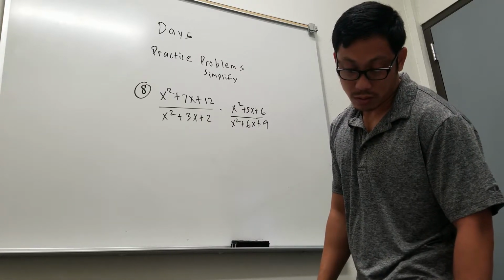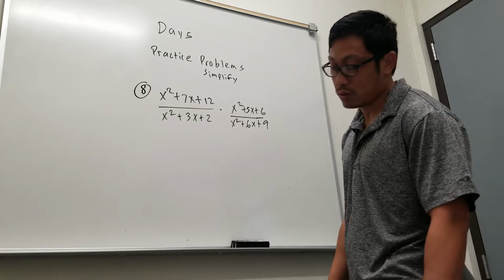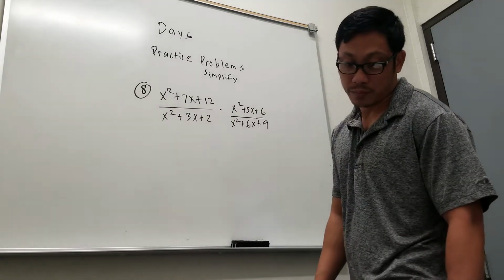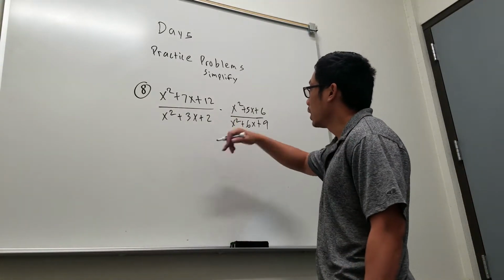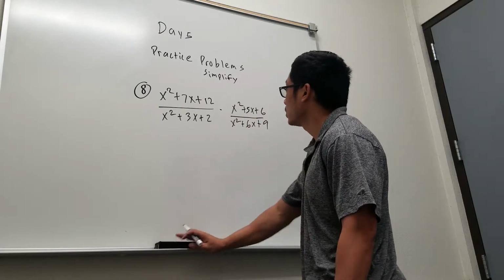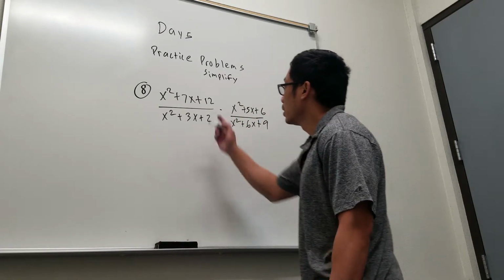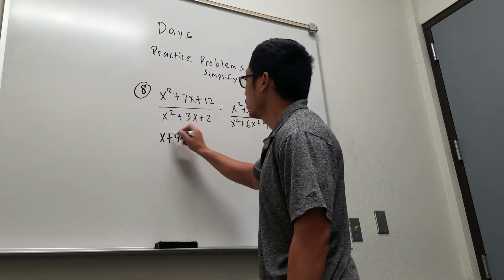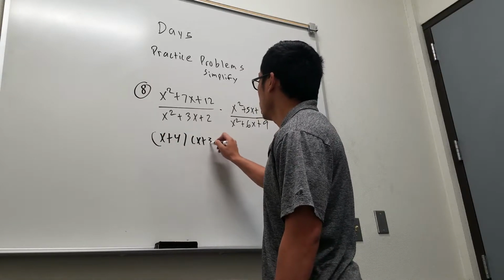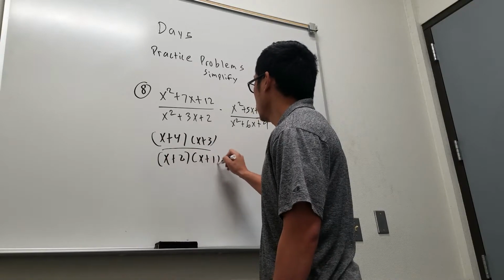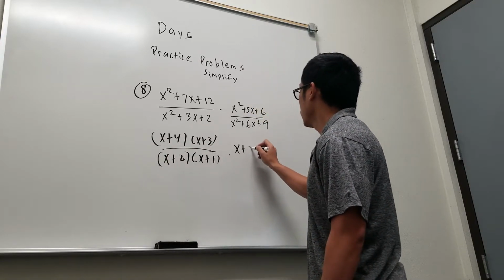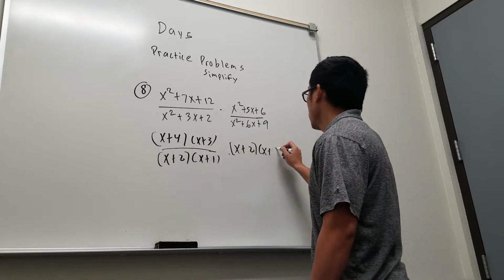Okay, so now we see what's division, and I flipped it. Now it's become a multiplication. Now we just got to factor. This one factors x plus 4, x plus 3. This one is x plus 2, x plus 1, times x plus 2, x plus 3.